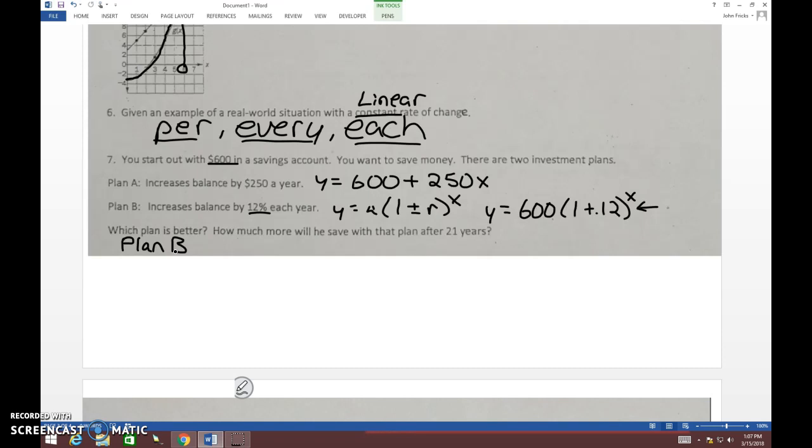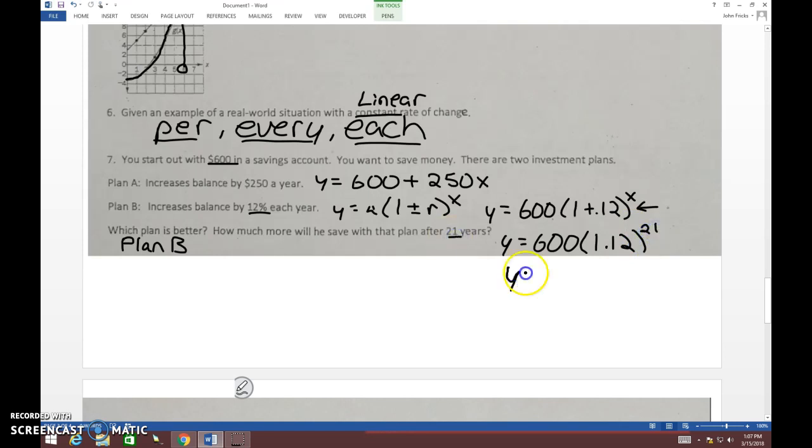So what we need to do is take this equation and say y equals 600 times. We can go ahead and simplify that down. 1.1 plus 0.12 is going to be 1.12. And then we can go ahead and raise it to the x power, which here is going to be 21. So we put the 21 in there for x.